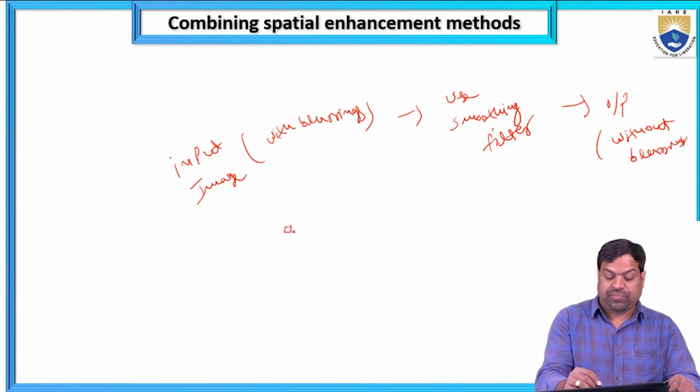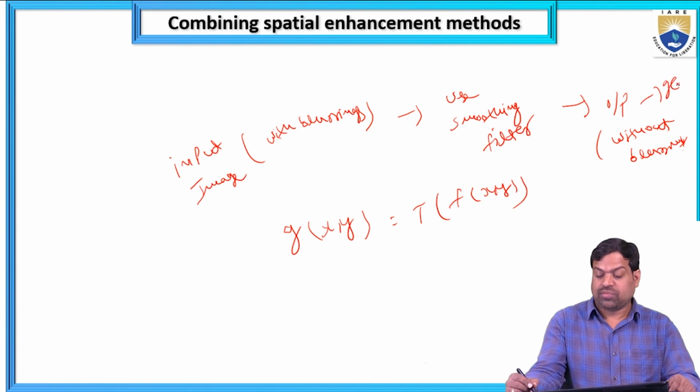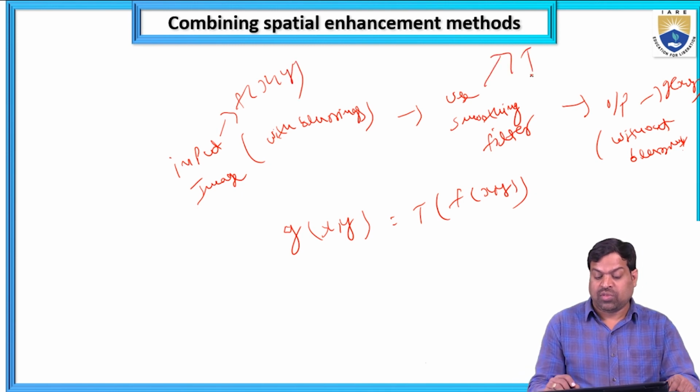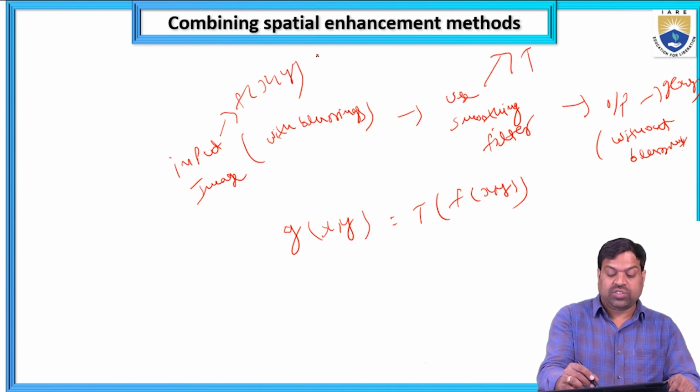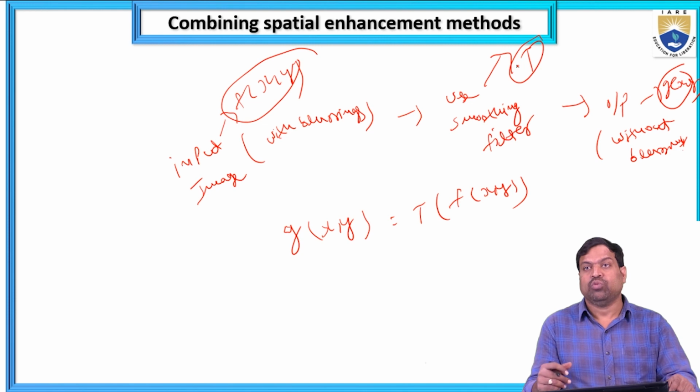So here g of x comma y equal to... okay. Here the input is f of x comma y, the output is g of x comma y, and the function is T. What is the function I'm using here? Smoothing filter.